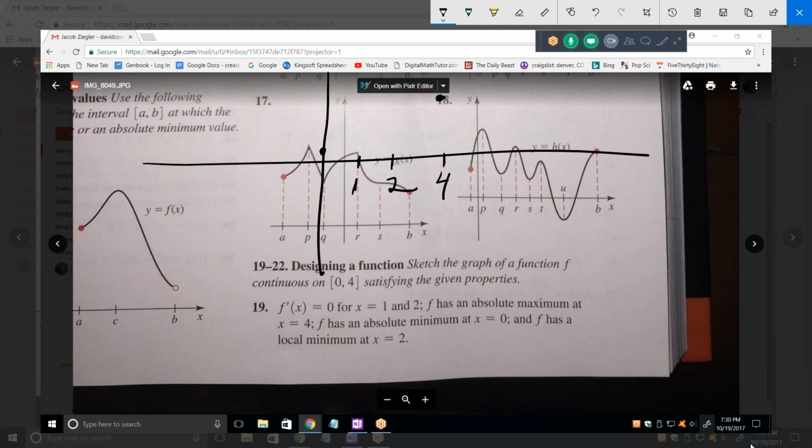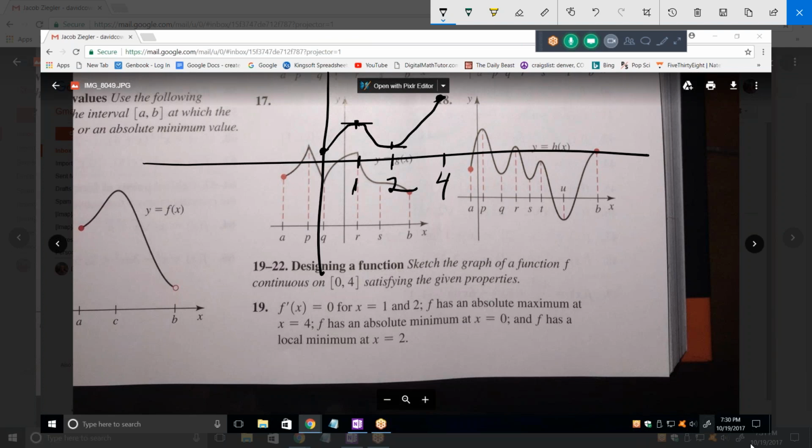And all I got to do is, there's the slope of the tangent line flat. There's a flat tangent line. There you go. In other words, f prime of x equals 0 right there and right there, right? Neither one are absolute maximums or minimums.